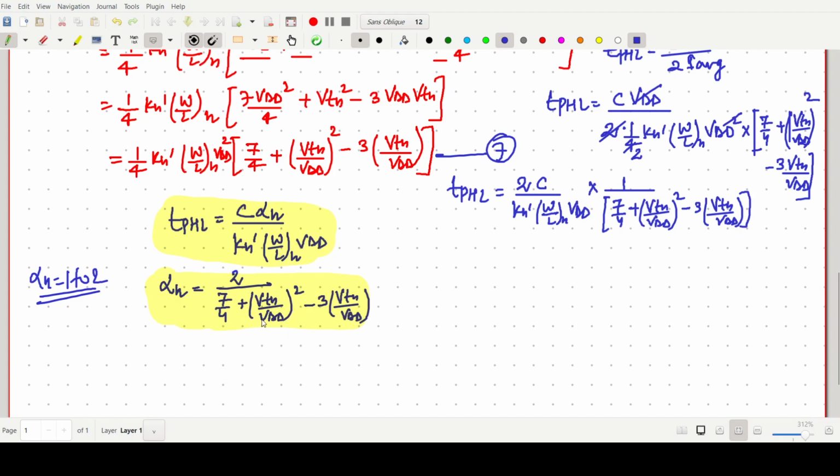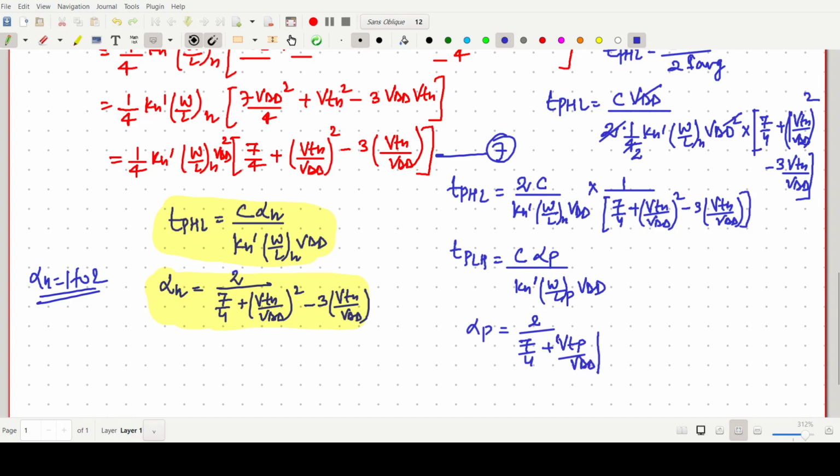Now similarly, if we find the value of tau P, low to high, for the PMOS it should be very similar. So we can write it as alpha p by K p s W by L of p into VDD, and the term alpha p is very similar to that one, 7 by 4 plus Vtp by VDD.